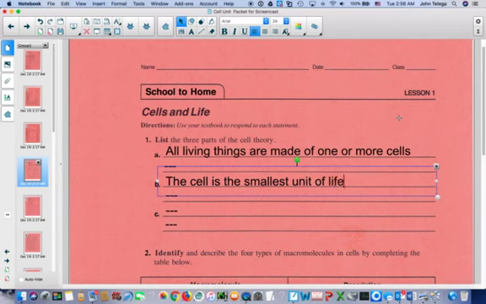The cell is the smallest unit of life, and then the other part of cell theory is that all new cells come from pre-existing cells. Pre-existing cells move to cell division, which moves to new cells.